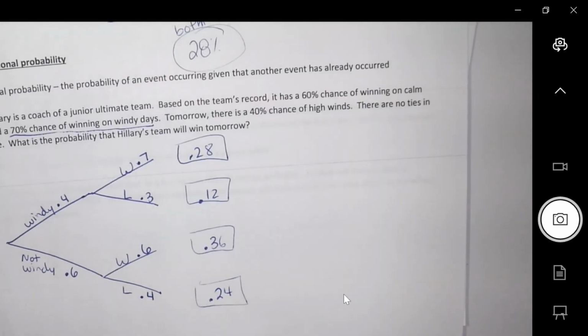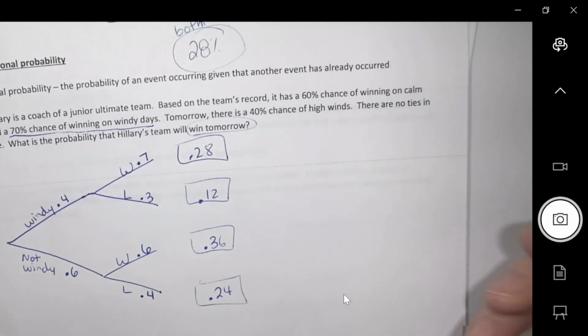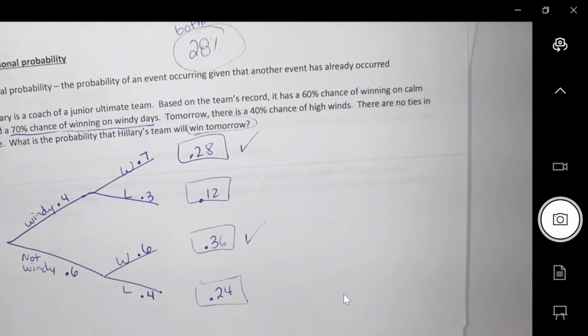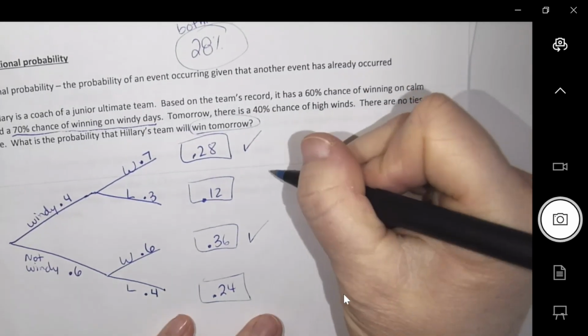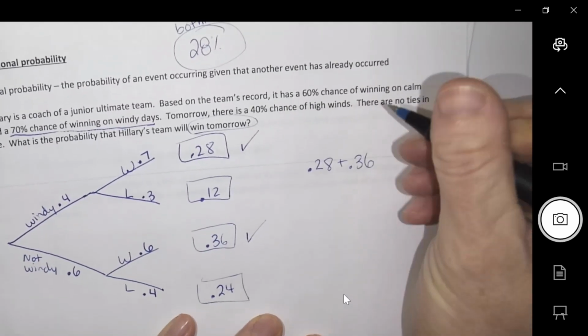Okay, what are the chances they're going to win? This is them winning on windy, and this is them winning when it's calm. So now we're going to add those probabilities.